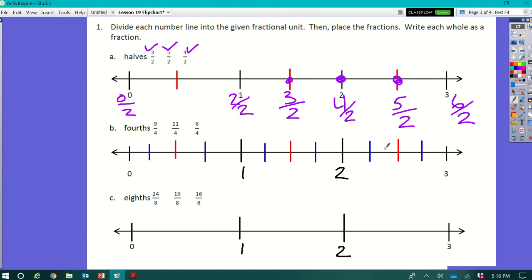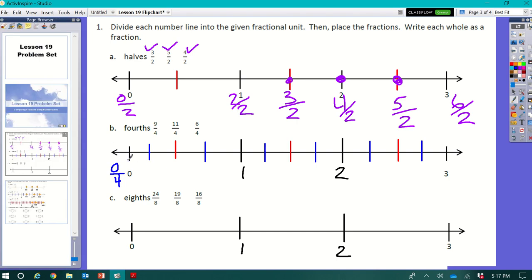Well, to find 9/4, I could start at 0, which is 0/4, and I can count up until I get to 9. So let's label it as we go, the whole numbers. So at 0, I'm going to have 0/4. And then let's start counting.